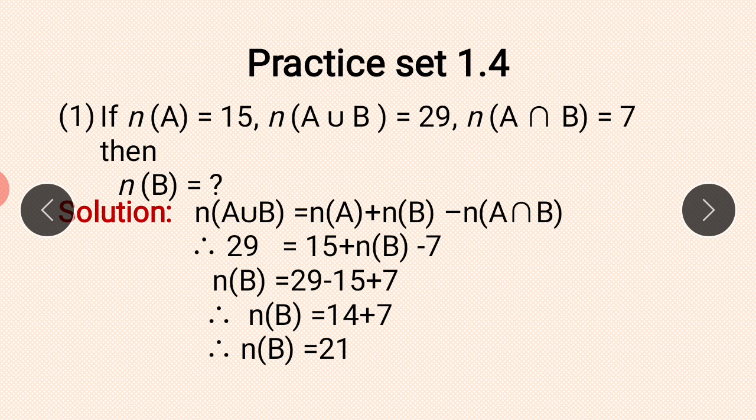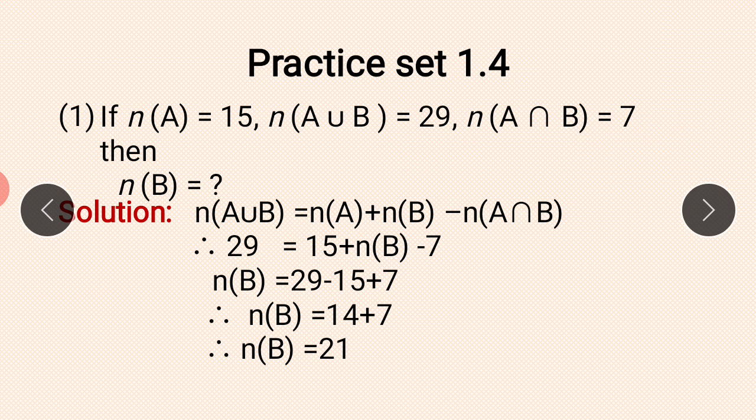First one question. What is the given thing here? If n(A), means number of elements of set A, is equal to 15. n(A union B), means number of elements of A union B, is 29. n(A intersection B) is equal to 7.